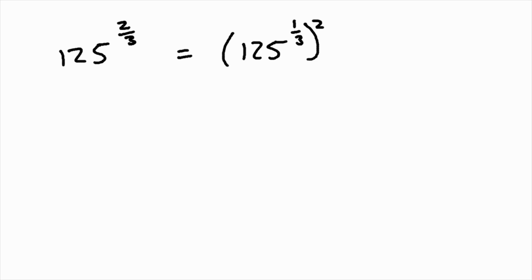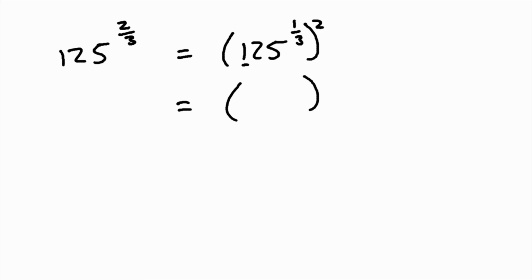So if you remember from our video about laws of indices, this is our third law. We can write 2/3 as 2 multiplied by 1/3. So now we've got it written like this. We can do things individually.